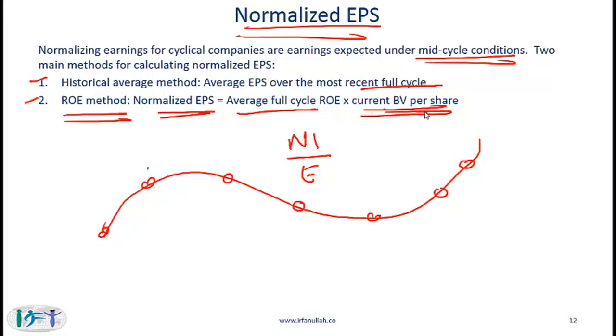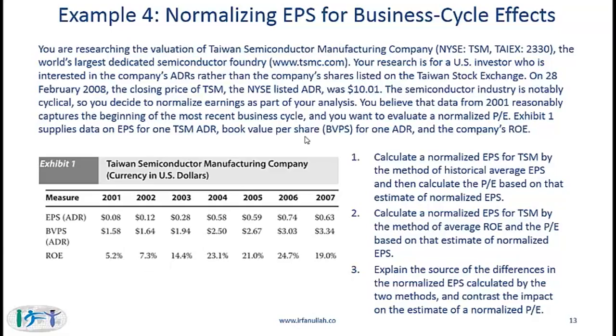The book value per share or the equity per share is going up. So overall the impact is still the same. You are taking this average number and multiplying by equity, so you are still getting an estimate for the net income or the EPS. So let's look at an example.